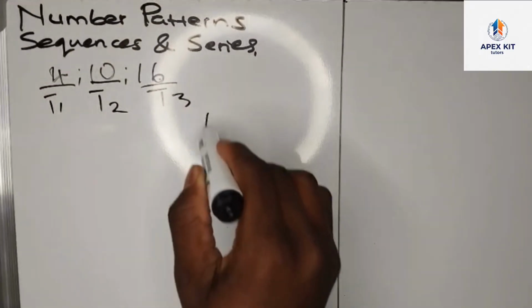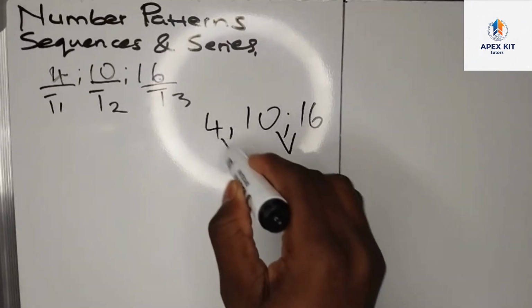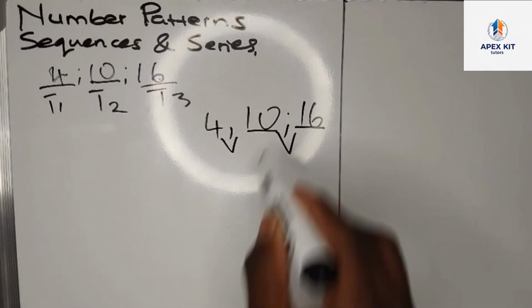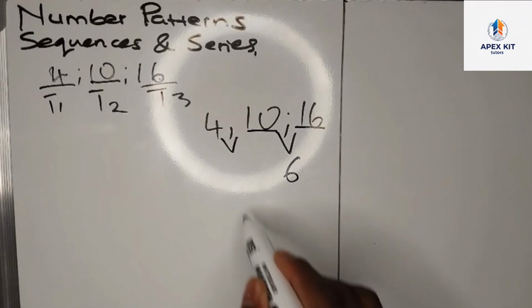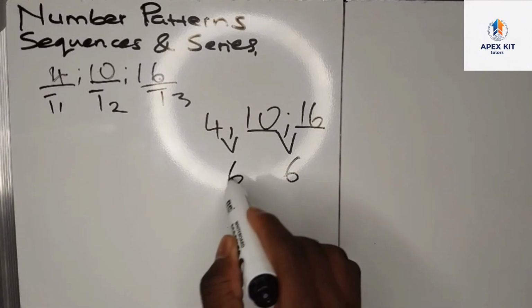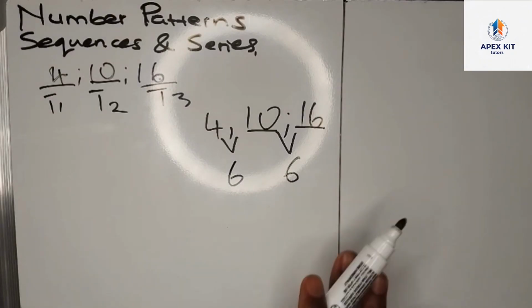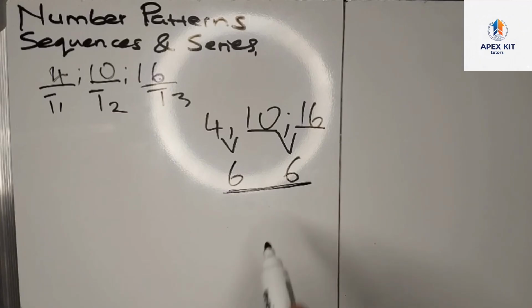We say 16 minus 10, term 3 minus term 2, which is 6. And then term 2 minus term 1, which is also 6. Because this is an arithmetic sequence, the first difference needs to be the same. The common difference needs to be the same.